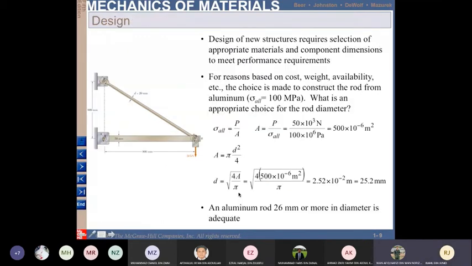And then change with aluminium, 100 MPa.